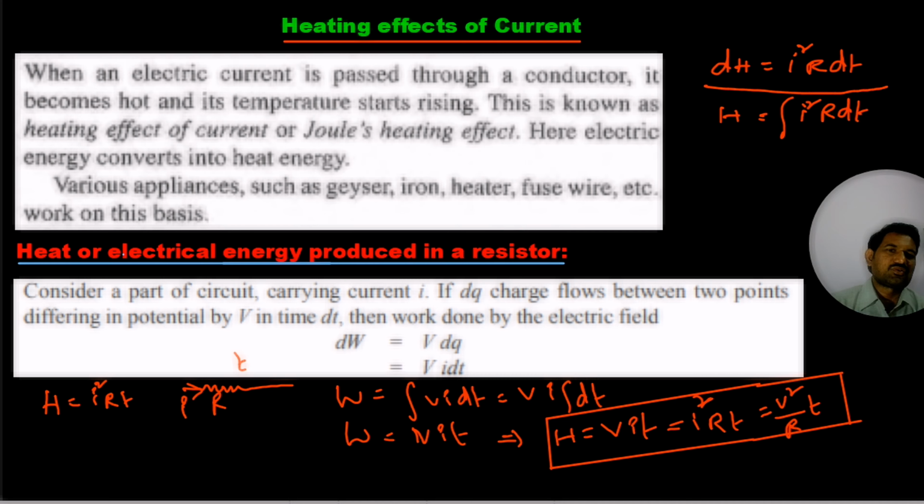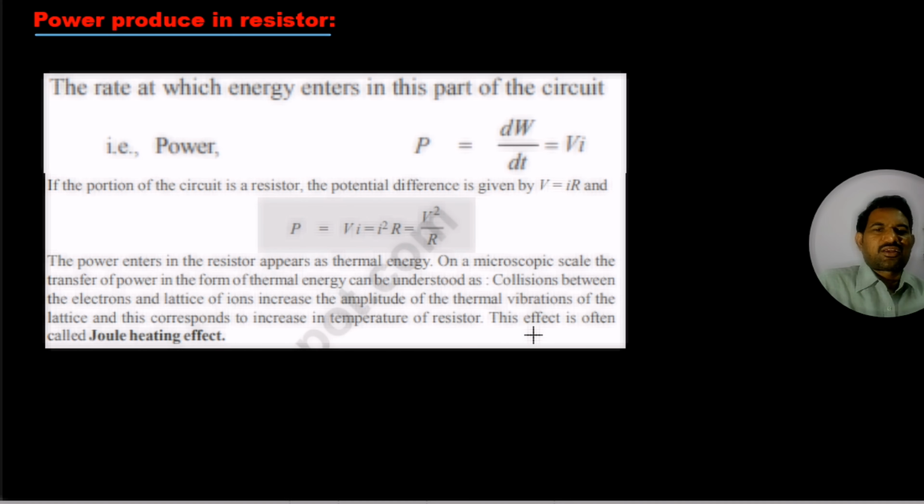That means we use integration here if any quantities are variable. Current may be variable in some problems, and then we calculate the heat energy using this expression, right? So that is about electrical energy and power.